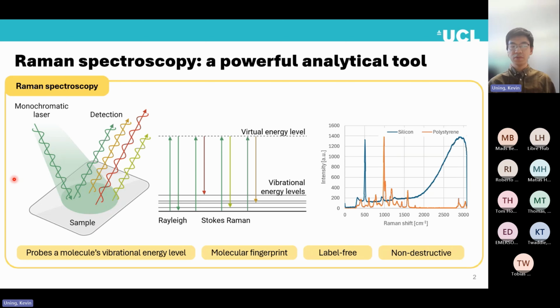By doing so, we are able to get measurements that are representative of each molecule's own fingerprint. And this would then allow us to trace back the presence of these molecules in our samples. And it does so while being label-free and non-destructive to some degree. This is what makes Raman spectroscopy quite interesting for several different applications.